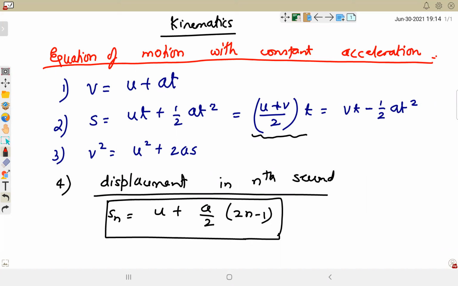So in this equation, if suppose instead of acceleration, it is a retardation, then what do we do? Take acceleration negative. We just put a as a minus sign, correct?